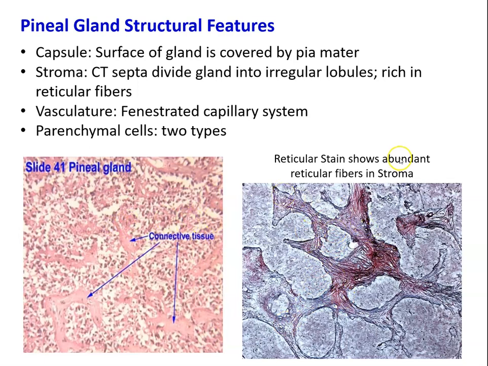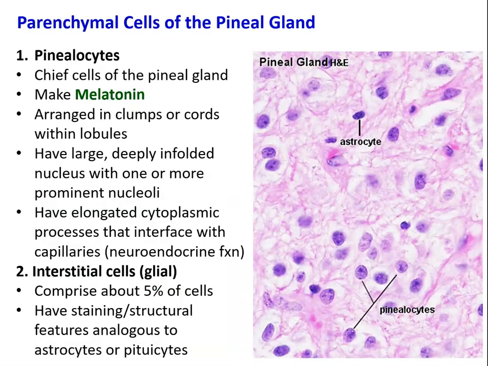And the parenchyma of the gland, which is these clusters of cells between the connective tissue septa here and here and here, is comprised of two different cell types. What are those? They are pinealocytes and glial cells.